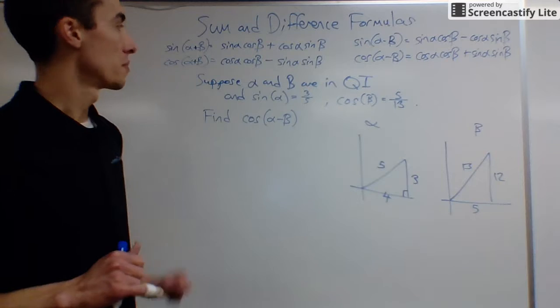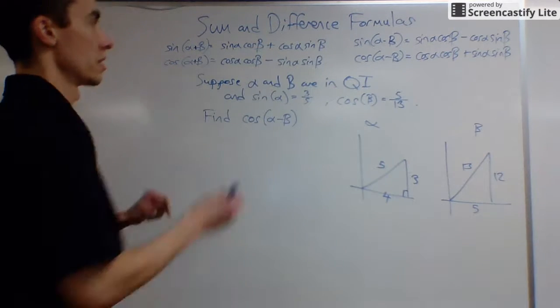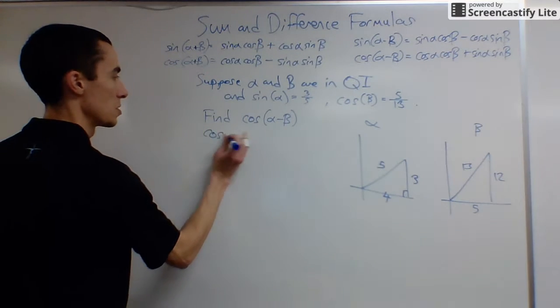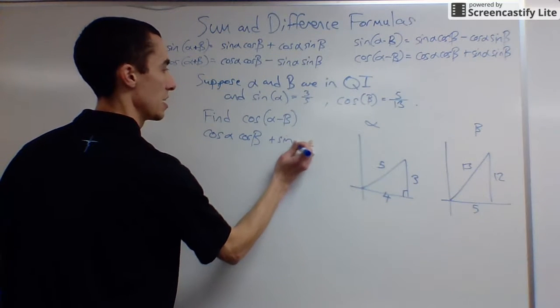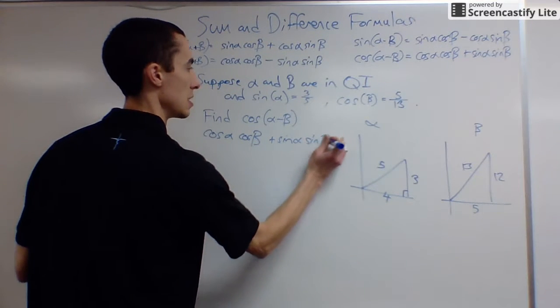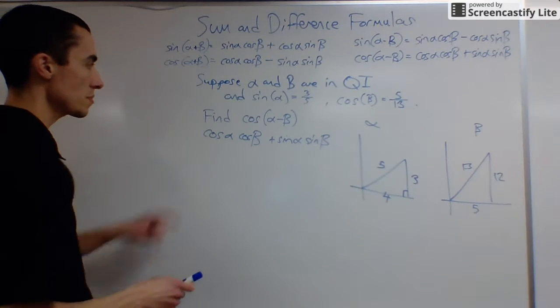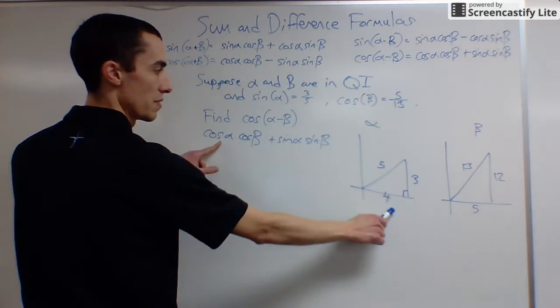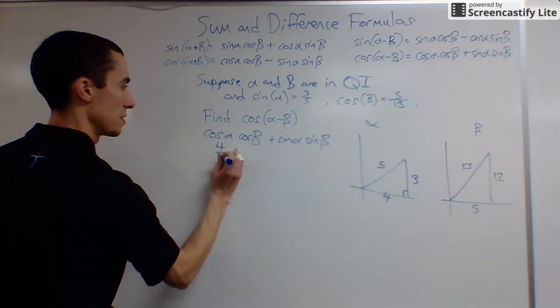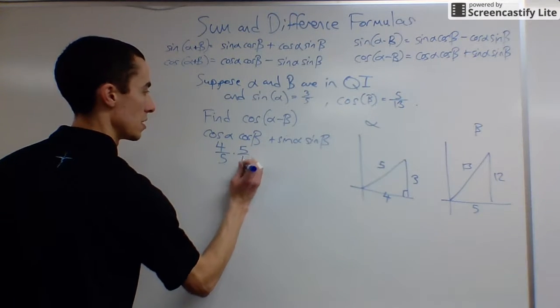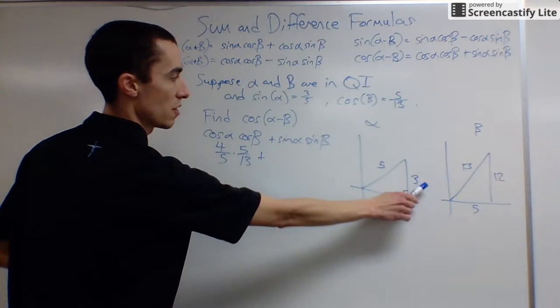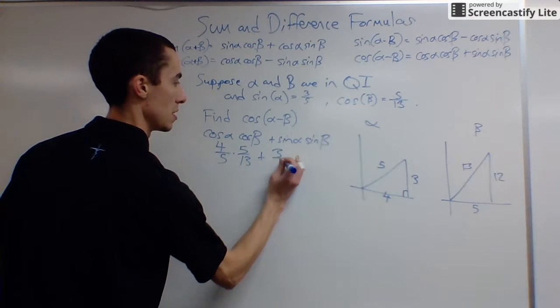For the final part, we'll use the fourth formula. Cosine alpha cosine beta plus sine alpha sine beta. And so we have cosine of alpha, which is 4/5. Cosine of beta, 5/13. Sine of alpha, which is 3/5.